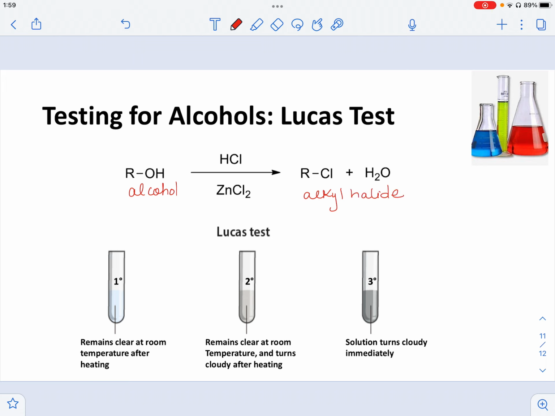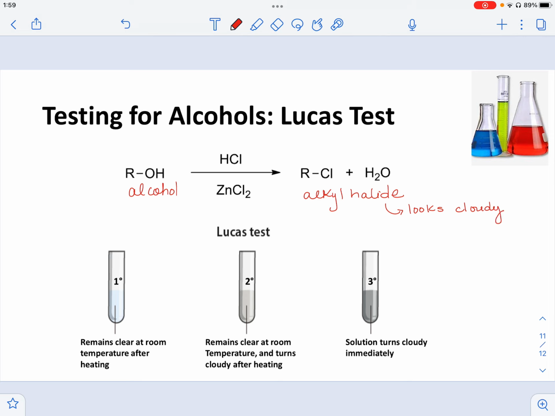Now, the alkyl halide in the Lucas test is going to look very different from the one in the bromine test. In the Lucas test specifically, we are looking for an alkyl halide that looks cloudy.